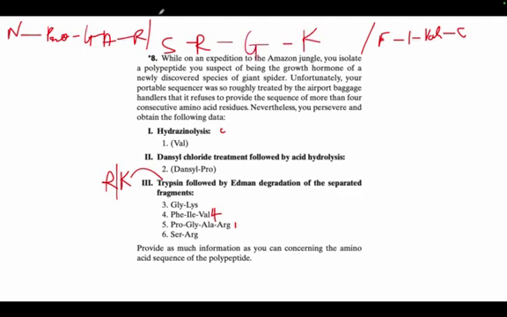This is possible, but it is also possible that it is going to be glycine, lysine, serine, arginine. Okay, both of these possibilities exist. So within this information, we cannot determine the full polypeptide sequence.